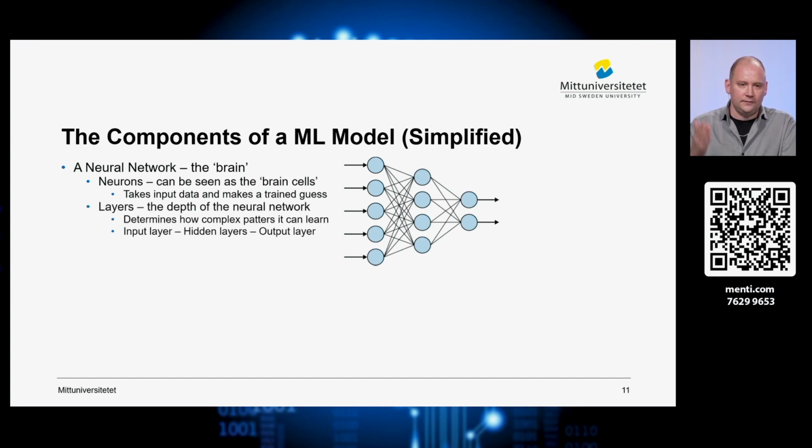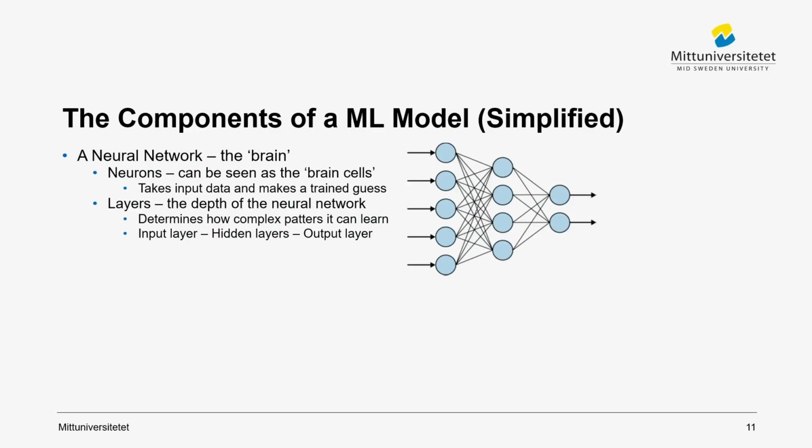And then we have layers, and that's basically the depth of the neural network. So in this picture here that you see, there are 3 layers in the neural network, and that sort of determines how complex patterns it can learn. And usually there is an input layer, like the first layer furthest to the left, and then you have a number of hidden layers, and then you have an output layer.